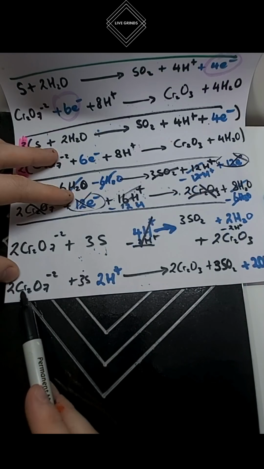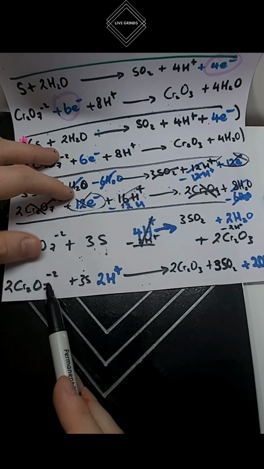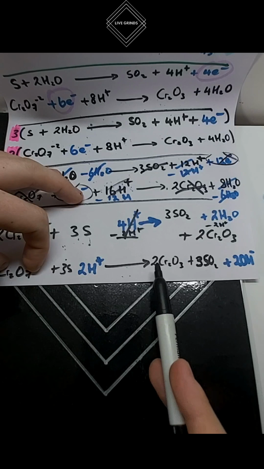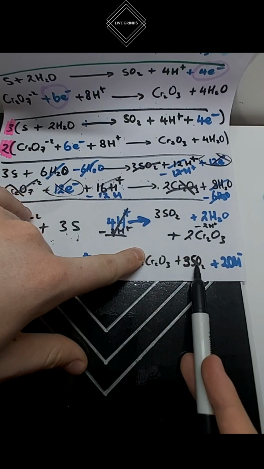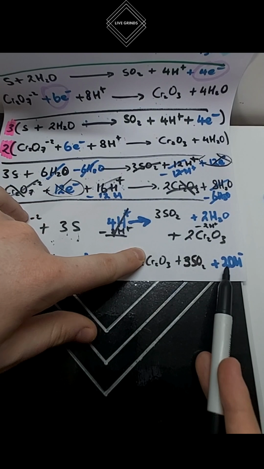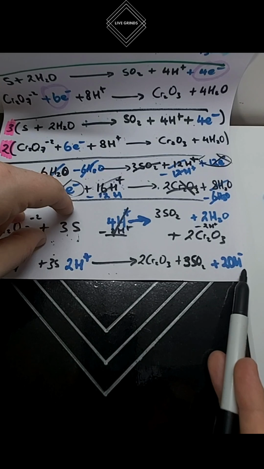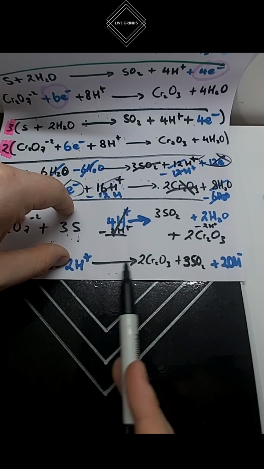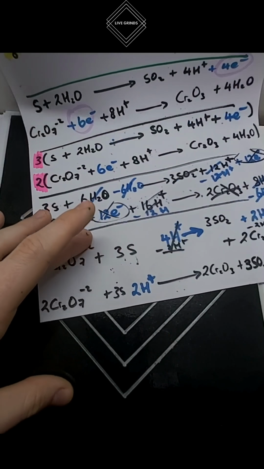So I have 4 chromiums on the left, 4 chromiums on the right. I have 2 sevens, 14 oxygens on the left, and 2 by 3 is 6, and 6 is 12, 13, 14 oxygens on the right hand side. I have 2 hydrogens on the right, 2 hydrogens on the left, 3 sulfurs on the right, 3 sulfurs on the left. The whole lot's balanced out then.